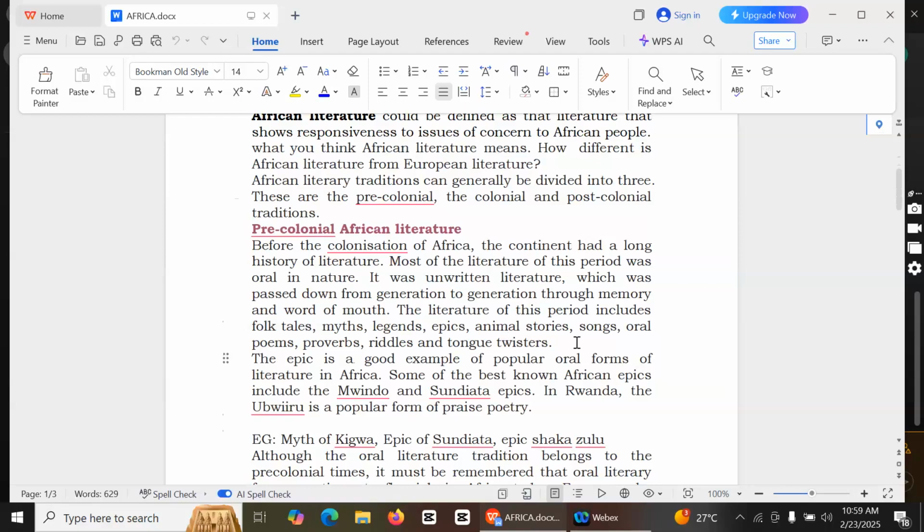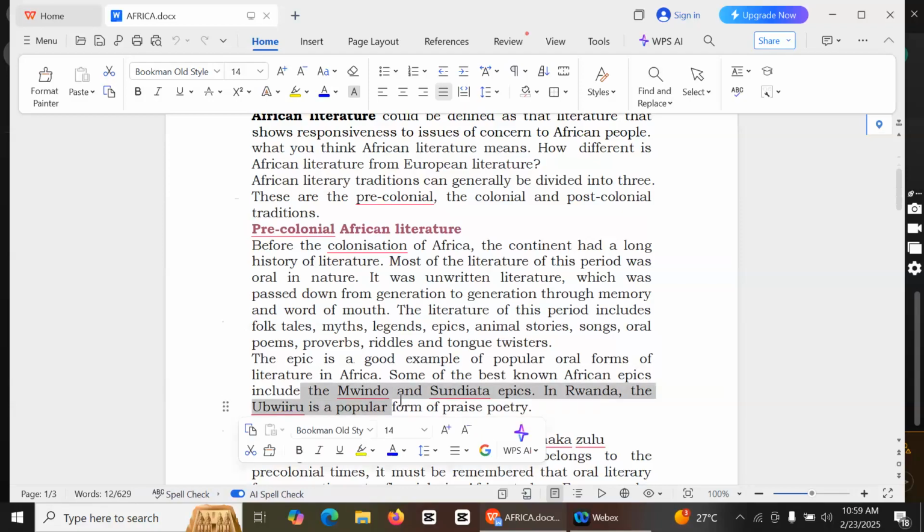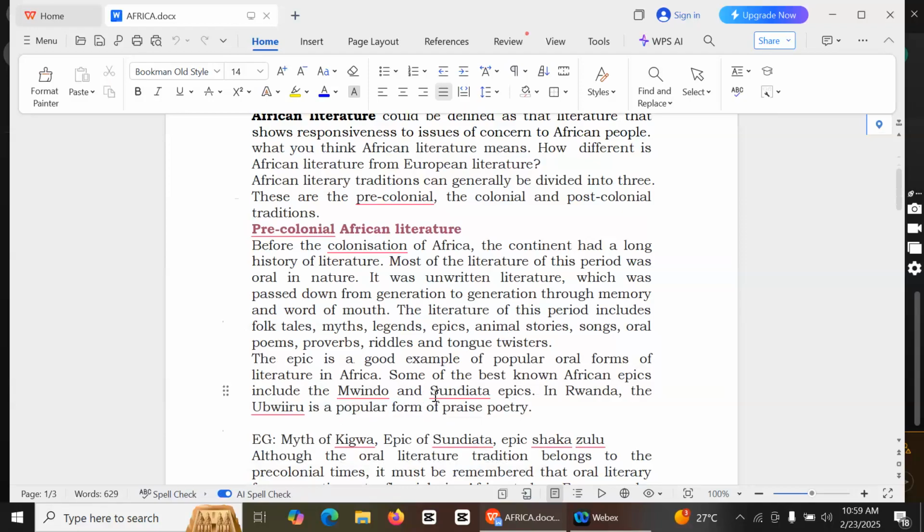Also, dear student, we have African epics. Down there we are going to have examples of the most popular epics. For example, we shall see the epic of Mwindo and the epic of Sundiata.